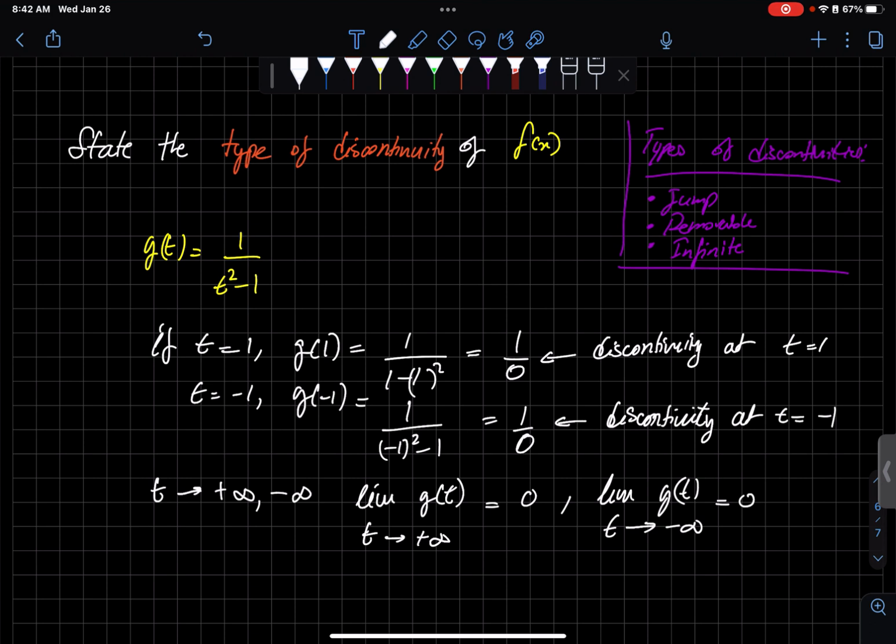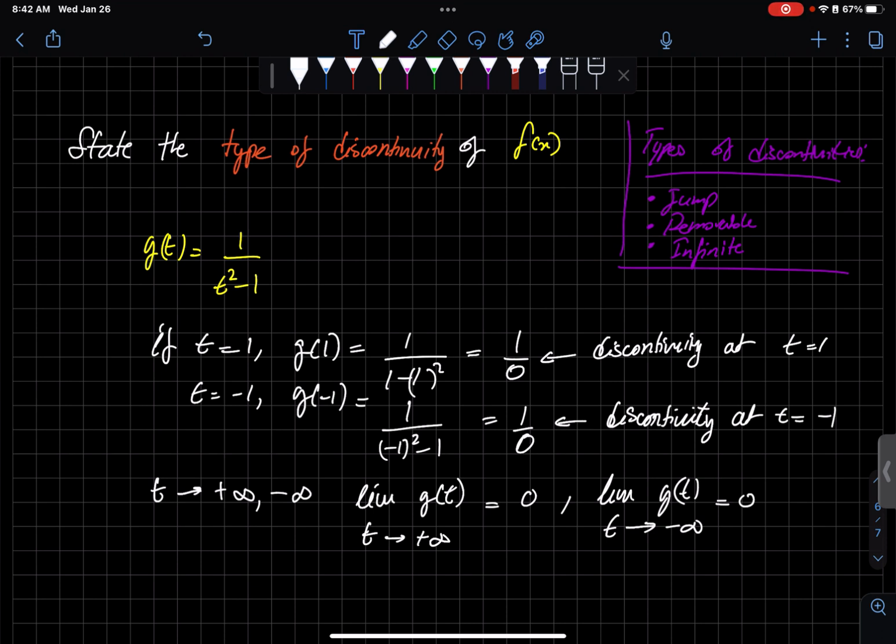So make sure that you understand why this is the case, right? Because as t gets really big, this becomes a huge denominator, and this gets smaller and smaller and goes to 0, right?